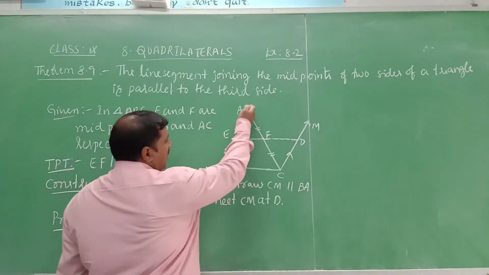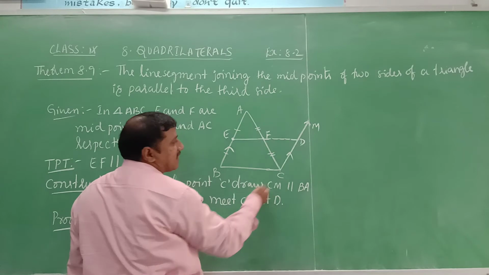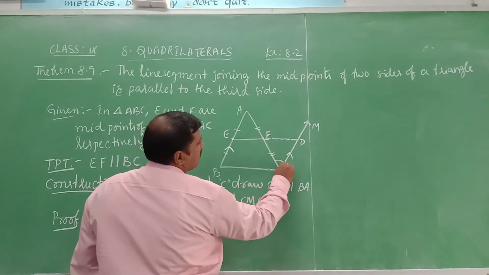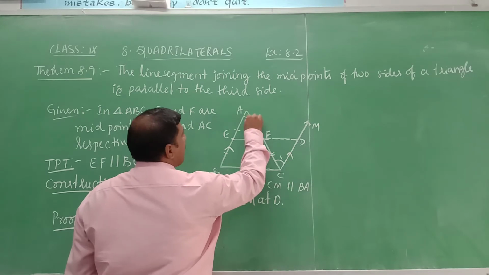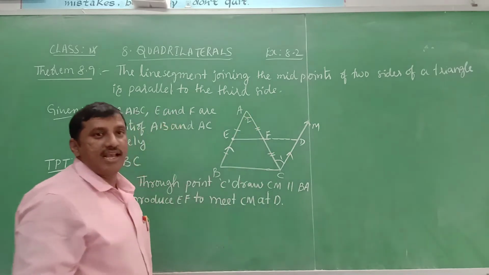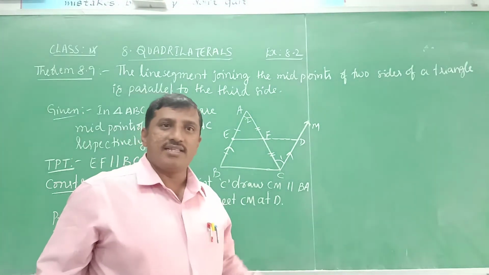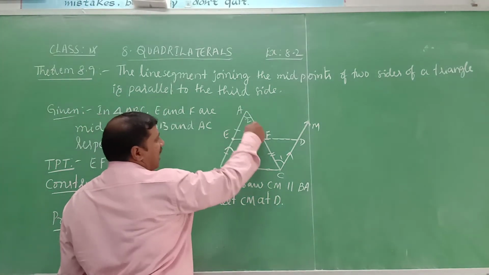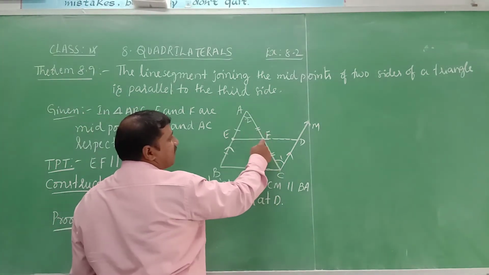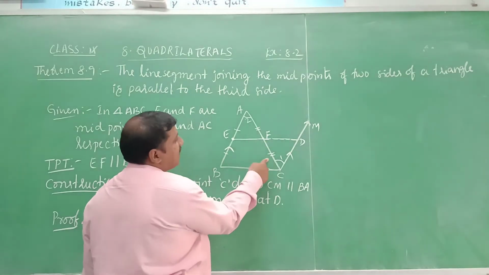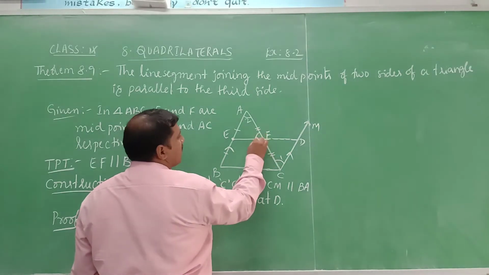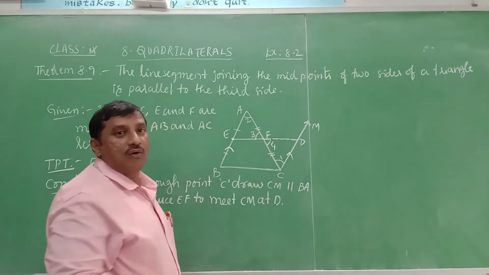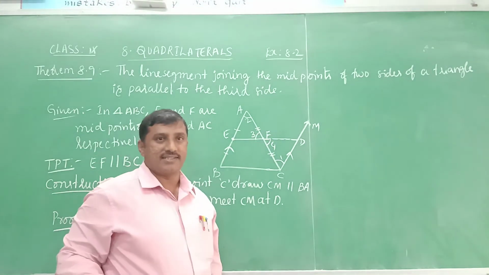Now we know AB is parallel to CM and AC is the transversal. So what about these two angles, angle 1 and angle 2, are they equal or not? Yes, they are equal, that is alternate interior angles. And we know AF is equal to CF, it is given. And what about angle 3 and angle 4? They are equal, vertically opposite angles.